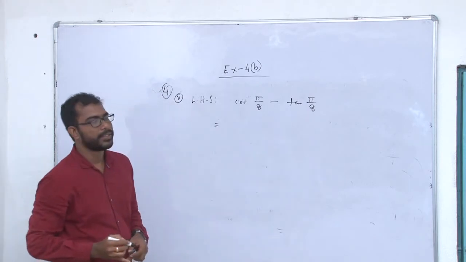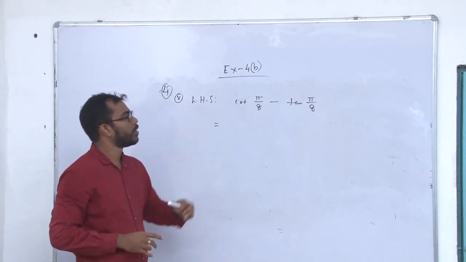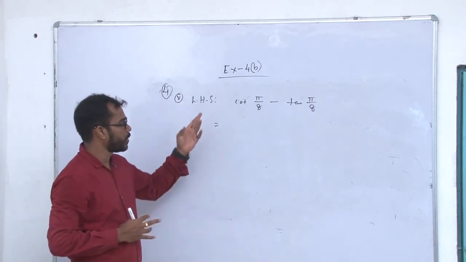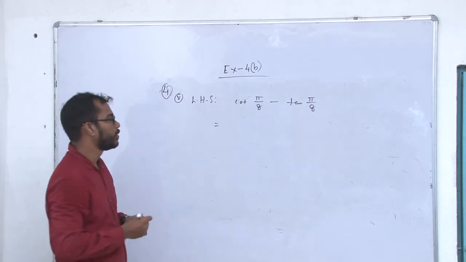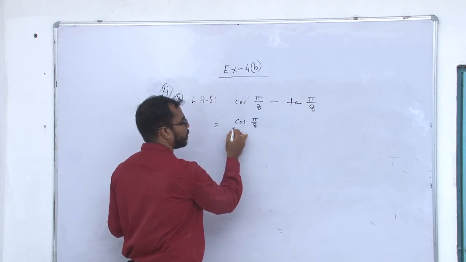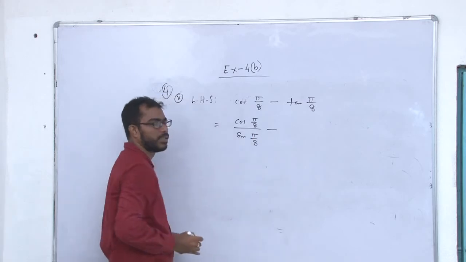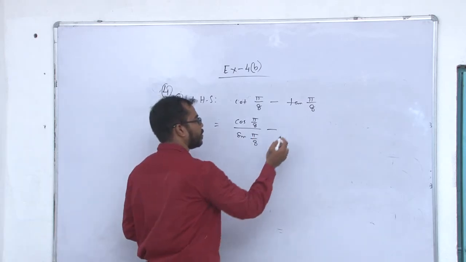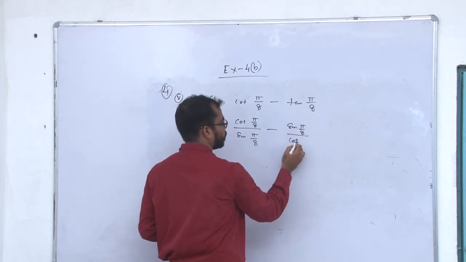Now you can express this expression in terms of sin and cos. That means we can express cot theta as cos theta by sin theta. So we can write here cos pi by 8 by sin pi by 8 minus, using tan in terms of sin and cos, sin pi by 8 by cos pi by 8.